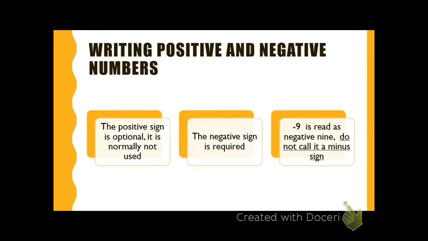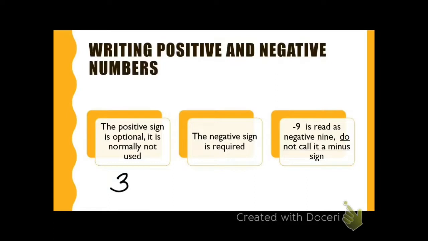Writing positive and negative numbers, a couple of things you need to remember: you do not need to put a positive sign in front of a number. It's not what we normally do. It doesn't make it wrong, it's just not necessary. If I have the number 3, I know that's positive.